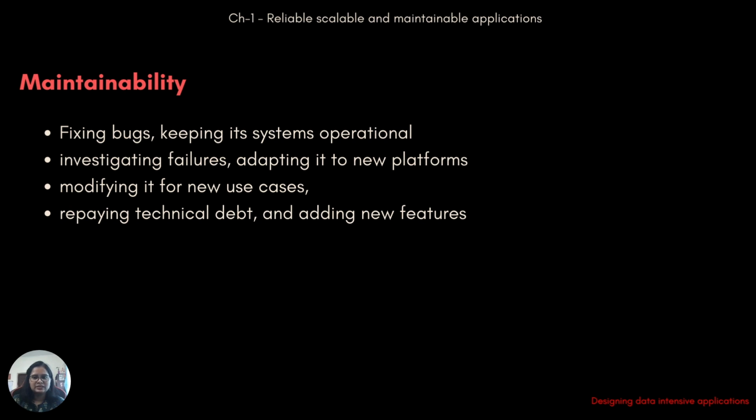Let's discuss the last concept of this chapter, which is maintainability. It is well known that the majority of the cost of software is not in its initial development, but in its ongoing maintenance: fixing bugs, keeping the system operational, investigating failures, adapting it to new platforms, modifying it for new use cases, repaying technical debts, and adding new features.